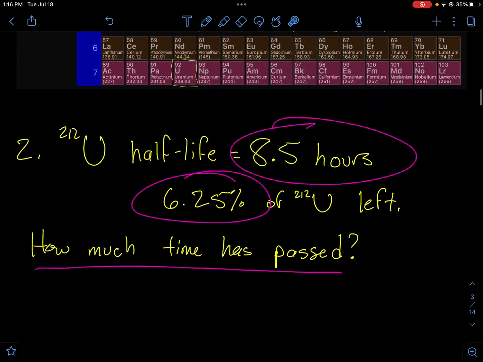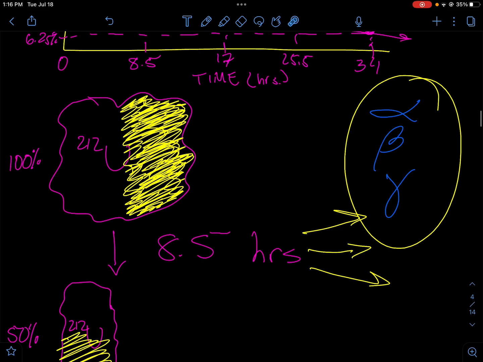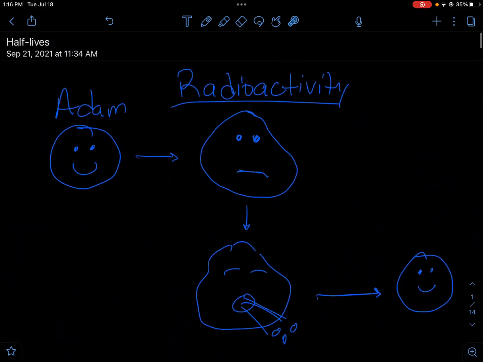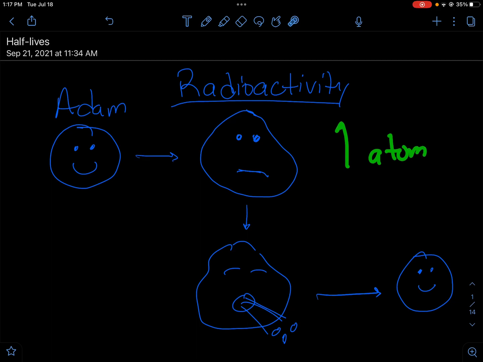So what is a half-life then? This is just what happens for one atom. What about if you have a big clump of, let's say, uranium, commonly called yellow cake?